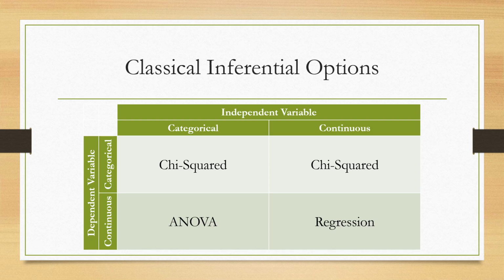In this class, we're simplifying down the logistic regression situation to a chi-squared if it ever comes about. And the reason we're doing that is just because of the complexity of interpretation of the logistic regression, which is beyond the scope of this class. So this is what we're going to be talking about today, this chi-squared.